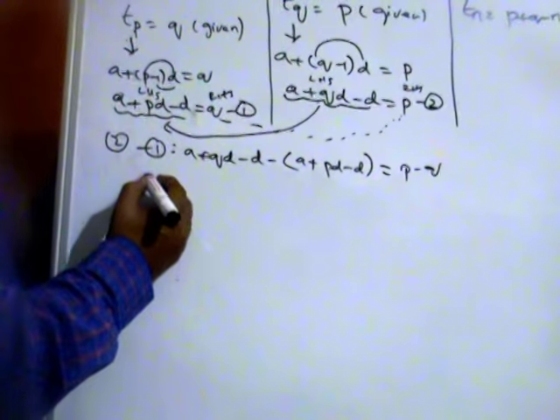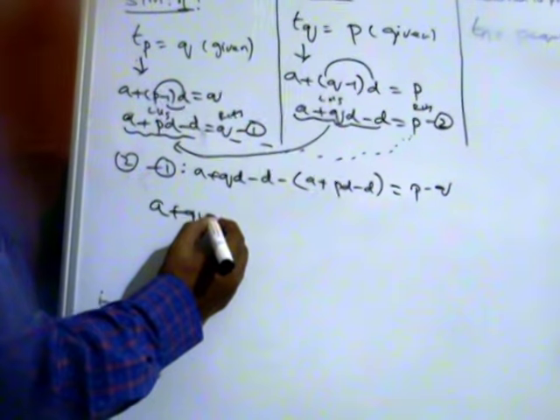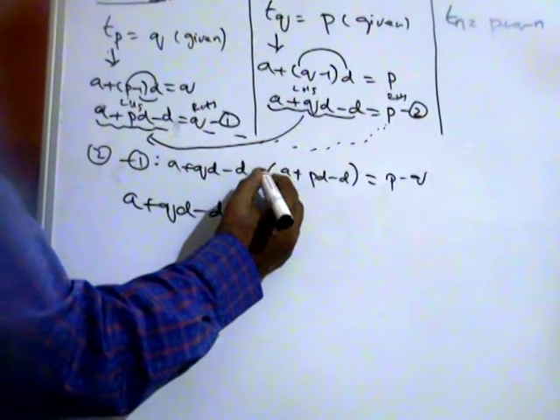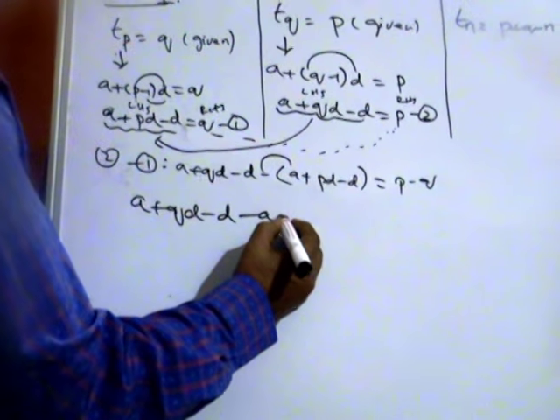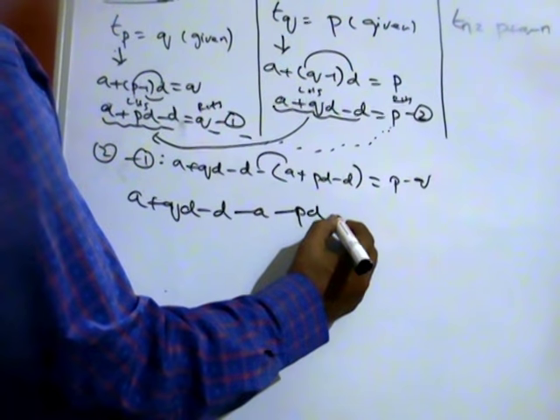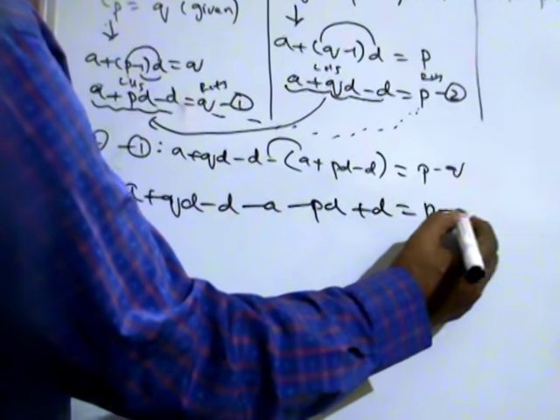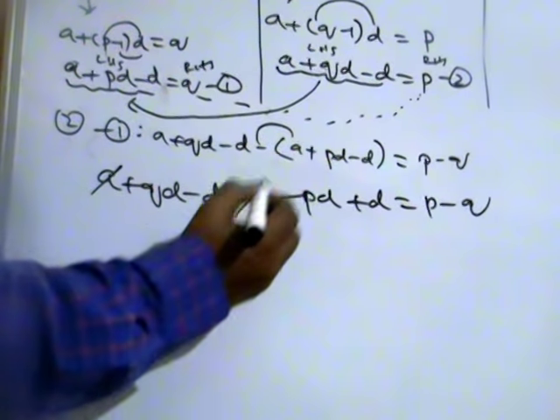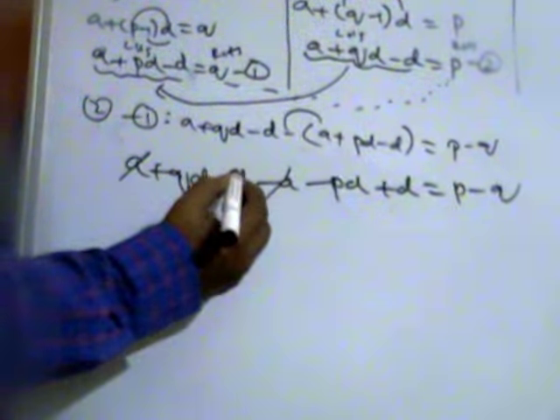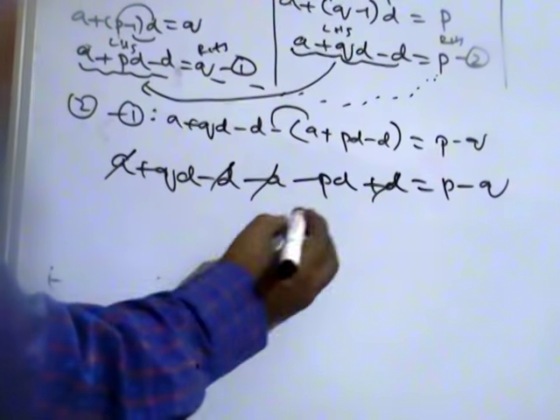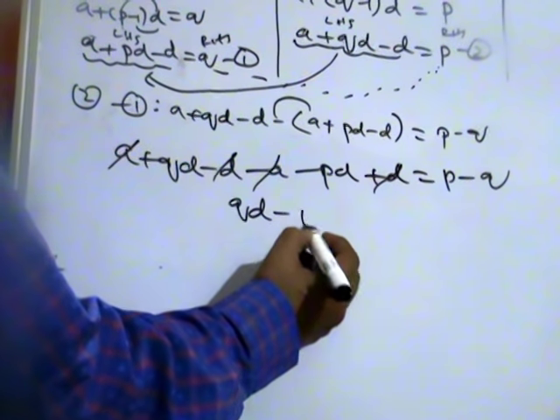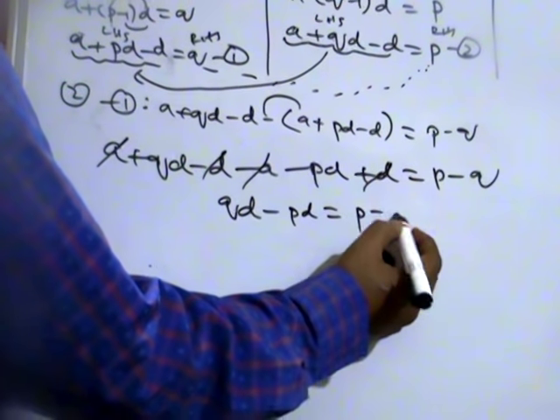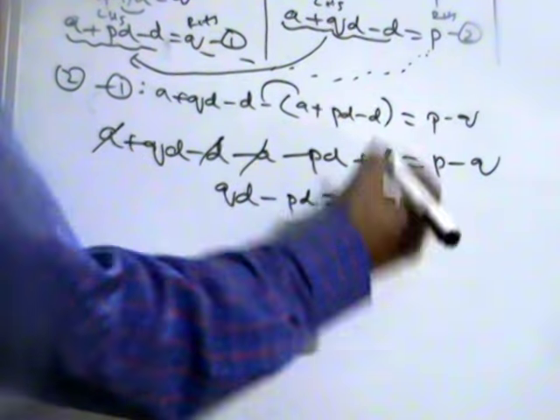So now look here, you get A plus QD minus D. When you expand you get minus A minus PD plus D equal to P minus Q. Now what will happen? A and A will get cancelled, D and D will get cancelled. So you get QD minus PD equal to P minus Q. This you put in a bracket.